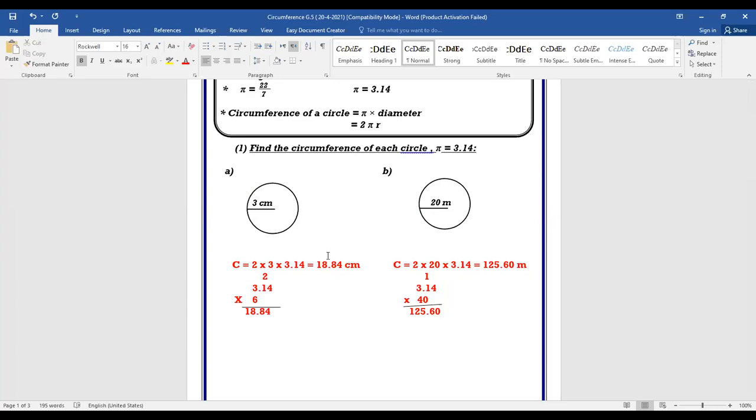If you have the diameter, multiply the length of the diameter by 3.14, the value of pi.